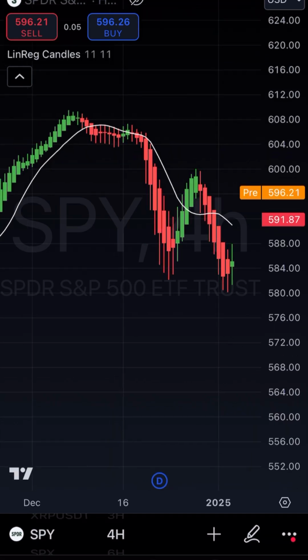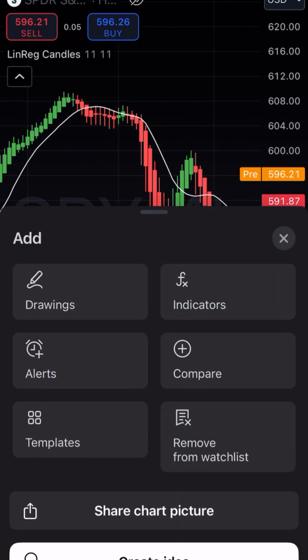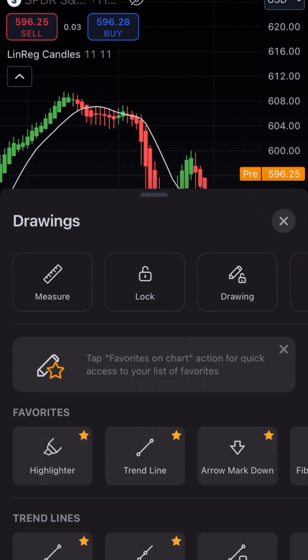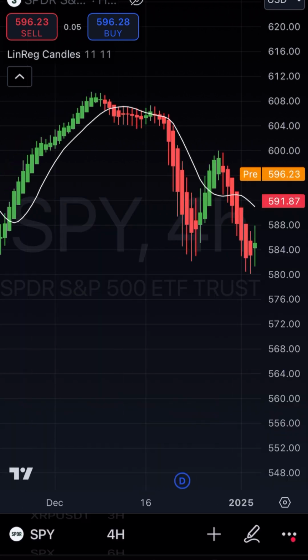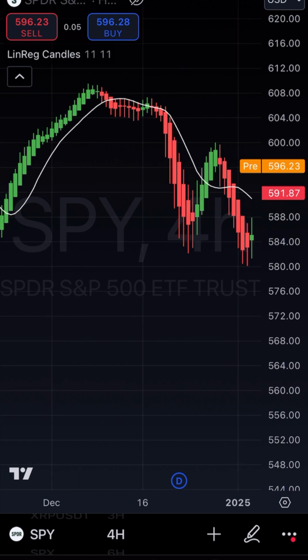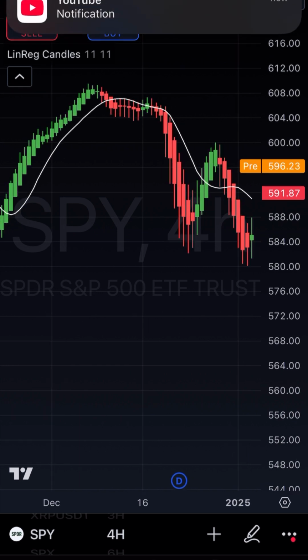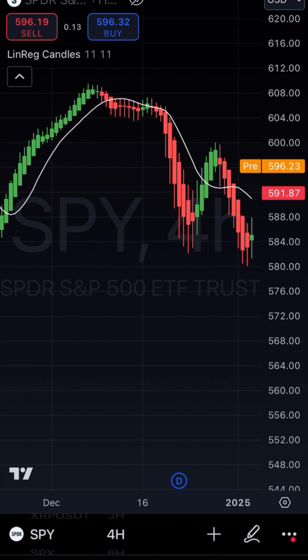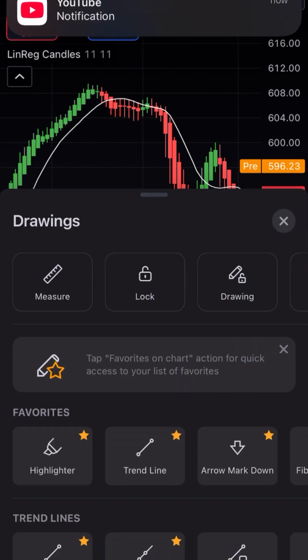And the only other tool you need is drawings, and you need to go to your ray tool. So what you want to look for is two touch points. You'll be making your trend lines with the linear candles using the ray tool here.